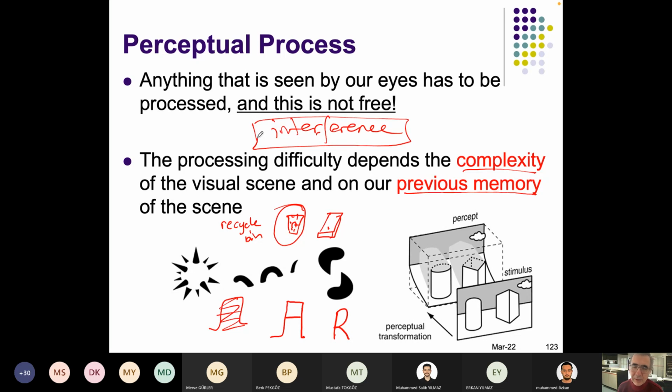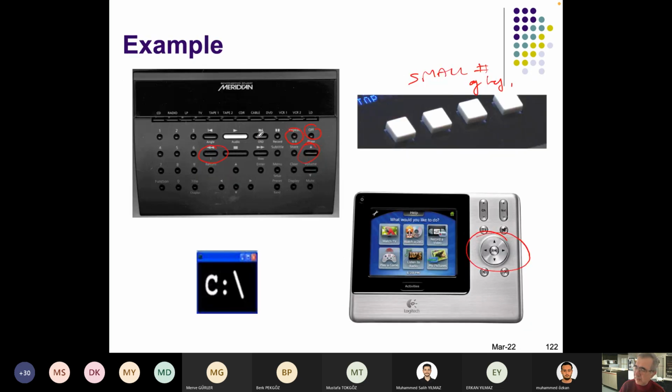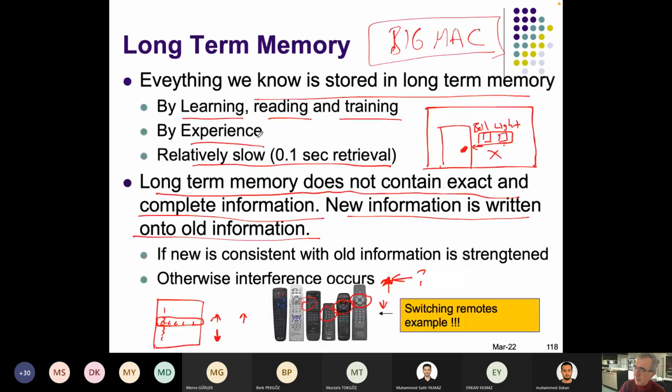Yeah, that is what we call interference. If the old information is not consistent with the new information, interference occurs. If they are consistent, the neuron weight is increased. Otherwise, it is decreased.